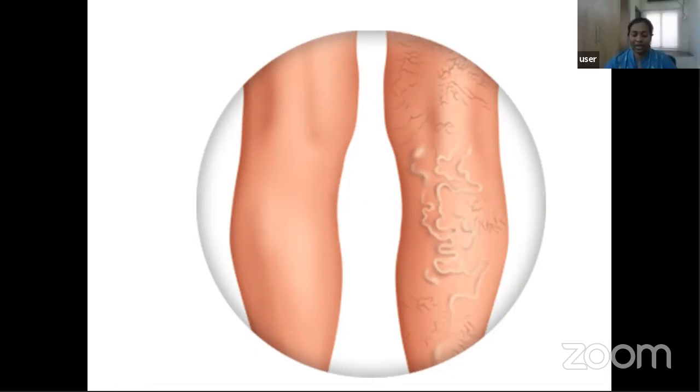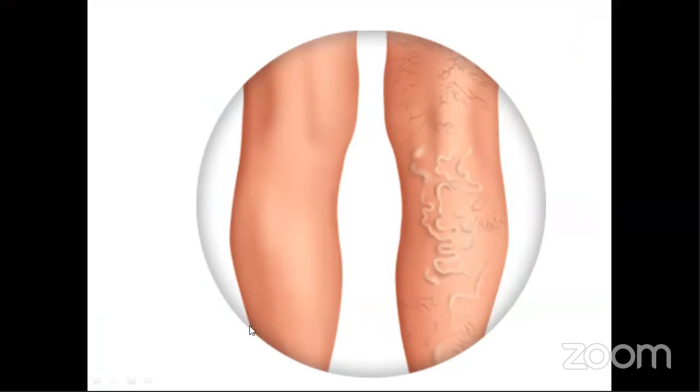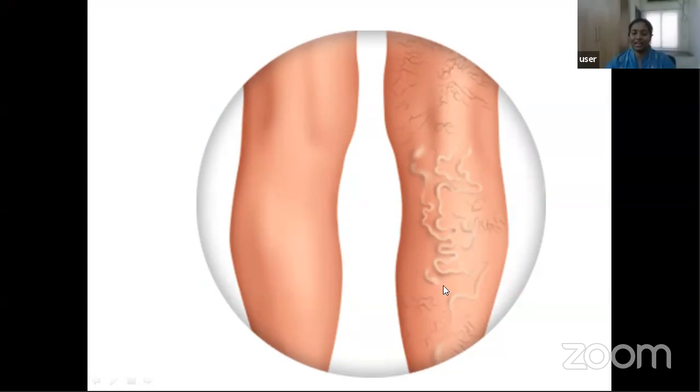So, good afternoon, students. Today we are going to discuss an interesting topic. But before going to the topic, if you see this picture, what can you understand? A lower limb is shown. On one side it is a normal picture, and on the other side you can see some enlargement of structures.